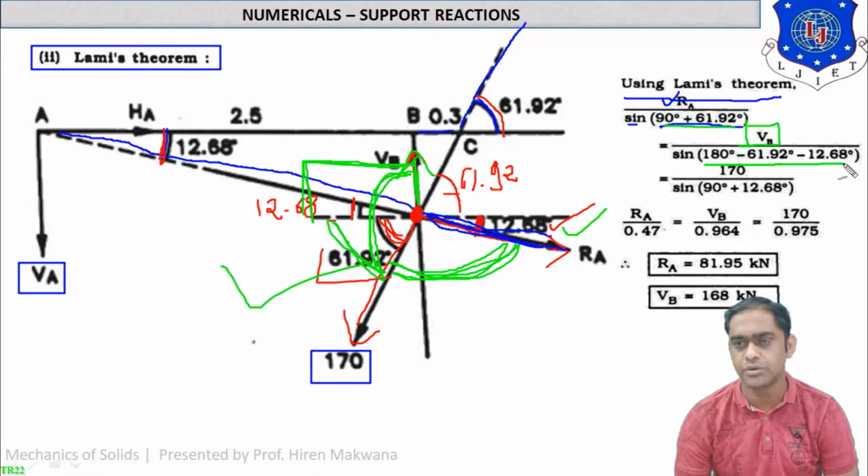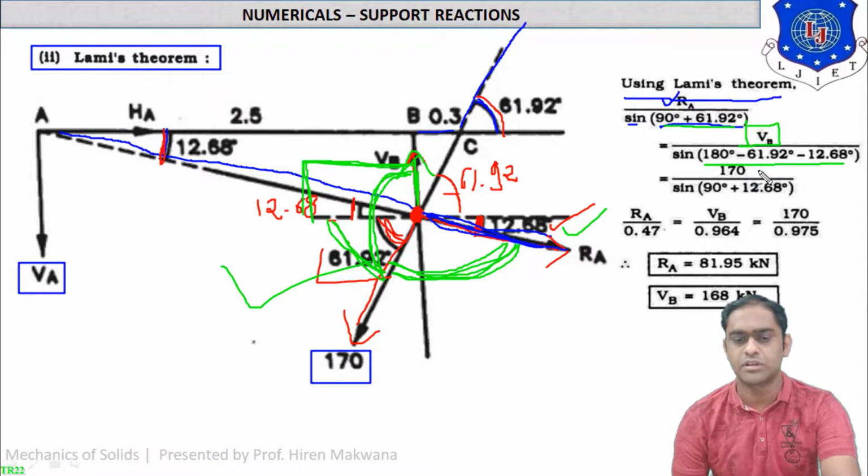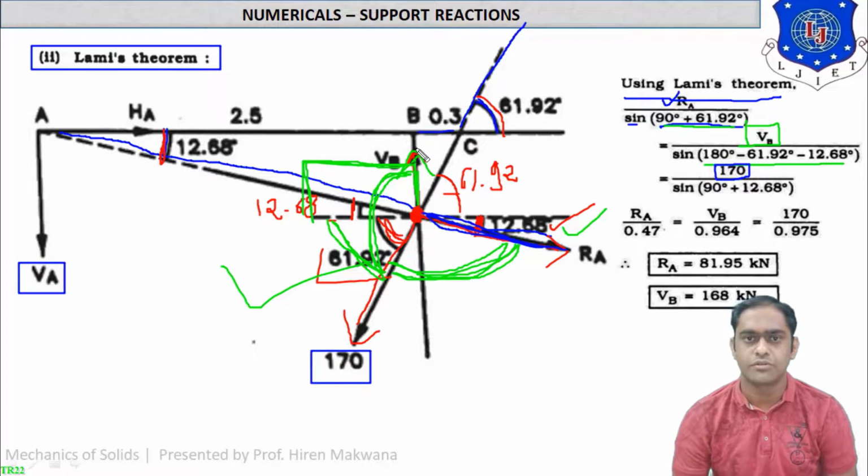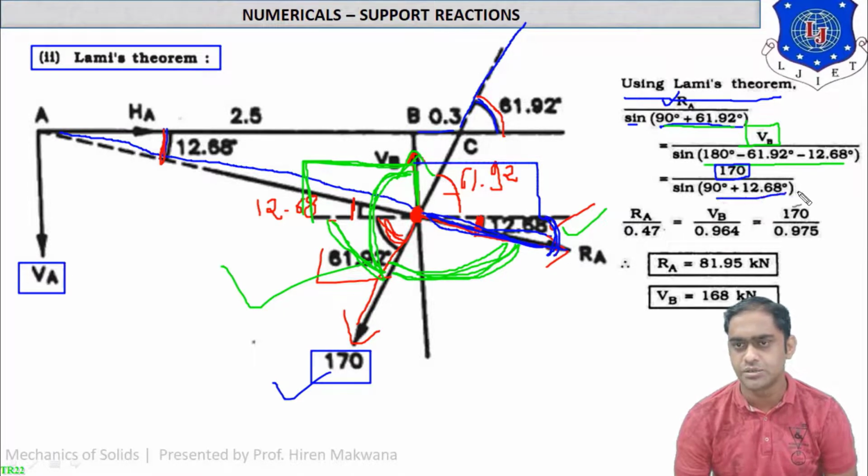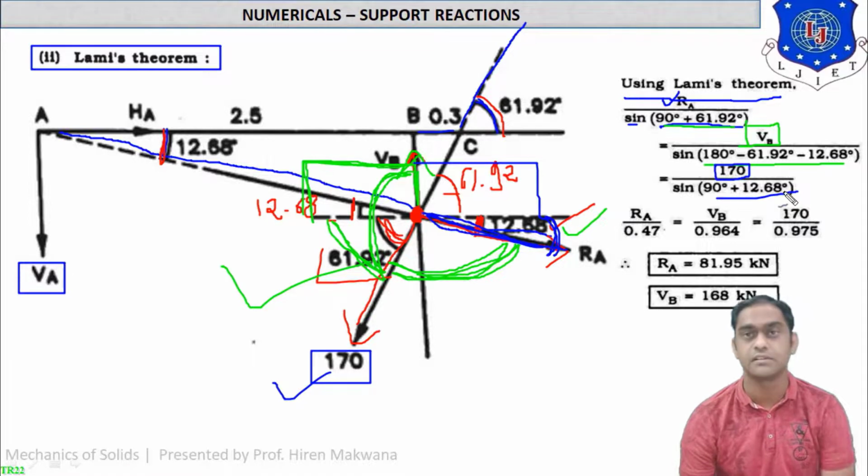Okay, so you will get the required angle. Now the third value is 170. For this force you have to take these two angles, 90 plus 12.68. So 90 plus 12.68 is the angle between the other two forces. By doing the calculation you will get the simplified values in the calculator.